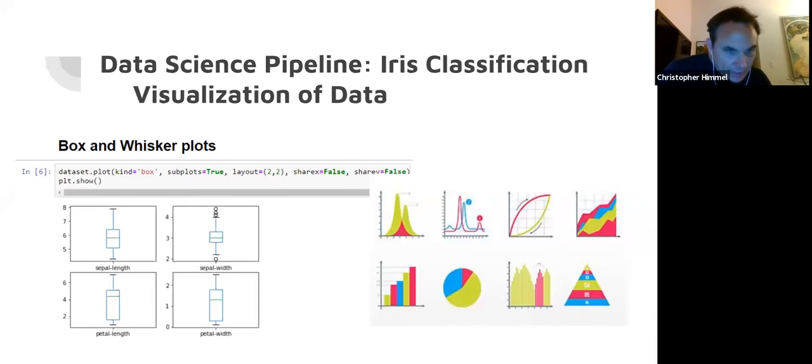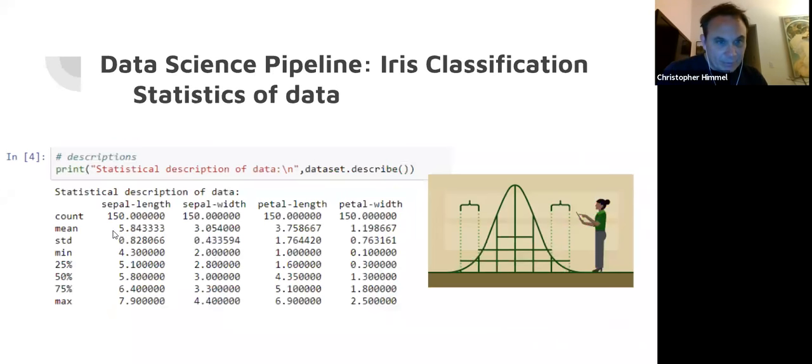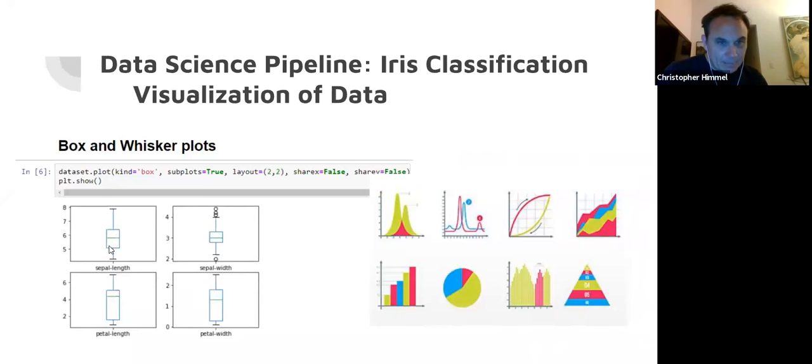If you look, the sepal length, the first little graph here, got a green line in the middle, which is our median. We've got a number up here, which is our, I think that's our 75% number. A number down here is our 25% number. And then we have our minimum and maximum. So most of our data is in this box. We got the outliers, stuff out on the outside.